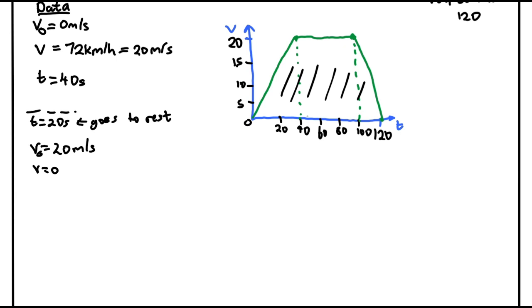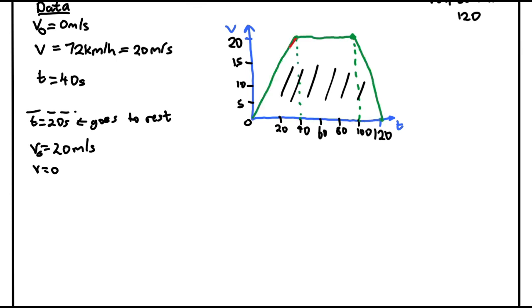Another way of doing it is we can make a triangle here on the left, and we'll have this trapezium on the right. Get the areas of both of them, add them together, and we'll get our area.